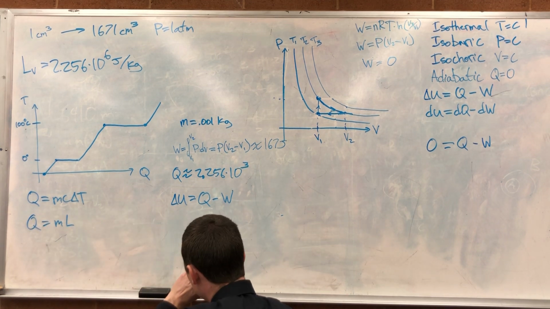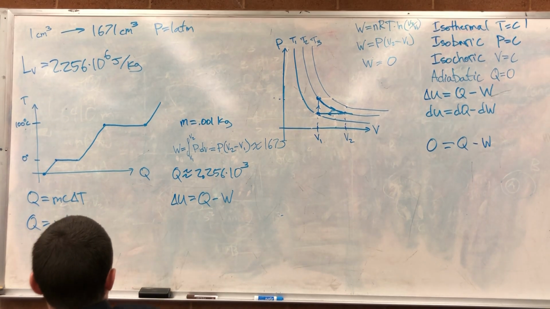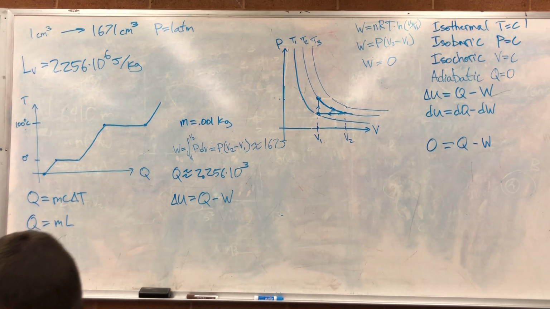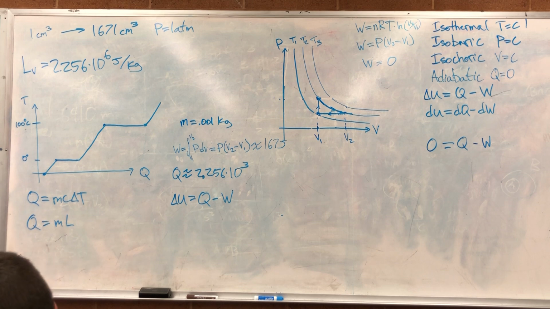So that's 2256. And so our change in internal energy is just the difference of those two numbers, which comes out to 2,087 joules. Okay, we did it right. Make sense?